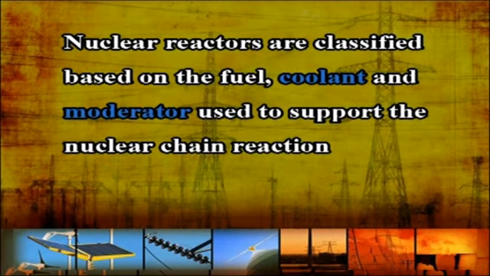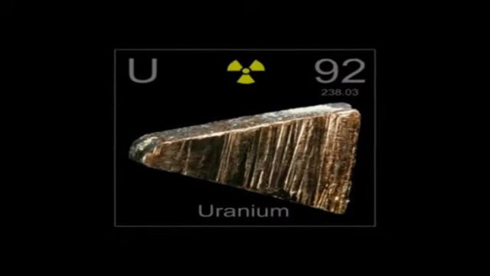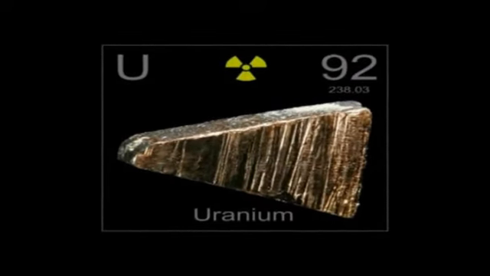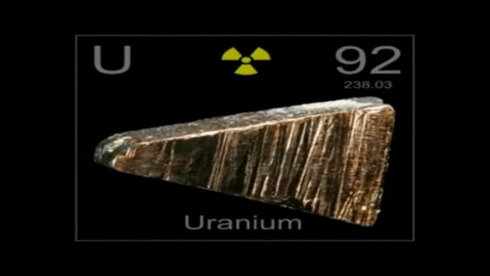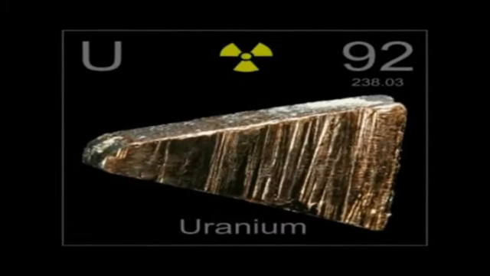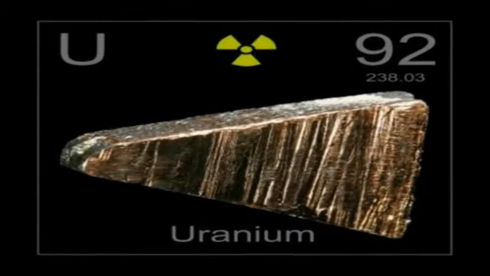Nuclear reactors are classified based on the fuel, coolant and moderator used to support the nuclear chain reaction. The natural concentration of uranium in the Earth's crust is about 2 ppm. Uranium originates in magma. It is concentrated to about 4 ppm in granitic rocks and pegmatites.